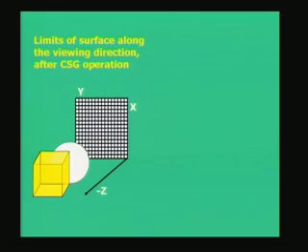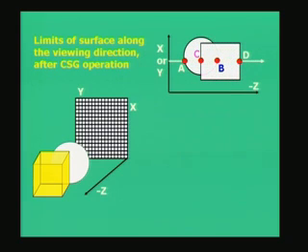This is another simple example of limits of surfaces along the viewing direction after a CSG operation. Let us say I have two objects, a sphere and a cube, and I am viewing them through an XY plane, like the raster image display, and the viewing direction is along the Z direction. We will come back to this again when we discuss ray tracing, where you can visualize that I pass a ray out of one pixel in the XY plane.